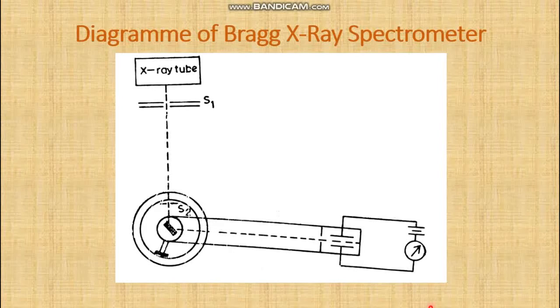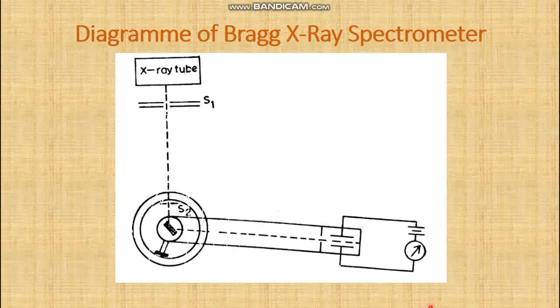So this pattern was firstly known as the Laue photograph or the Laue pattern, and from the Laue pattern it is possible to arrive at detailed information about the atoms.